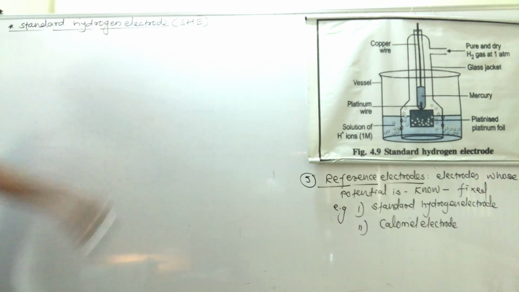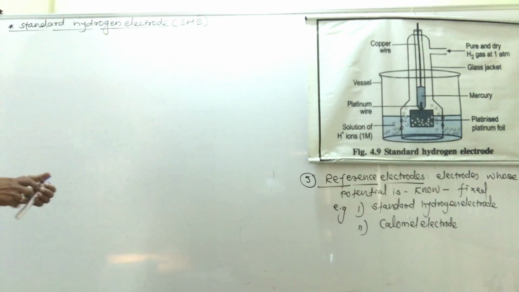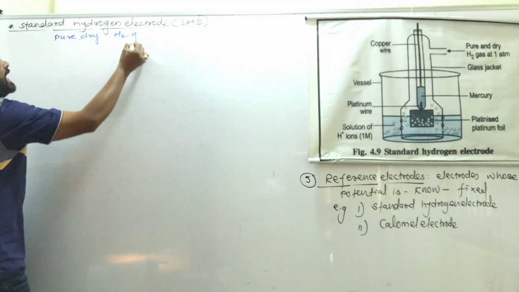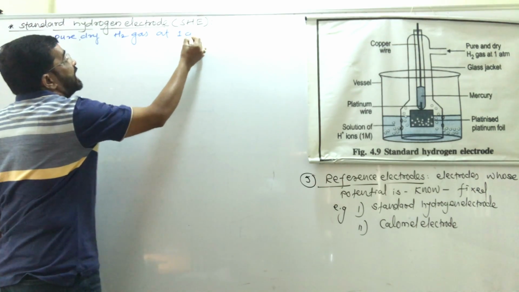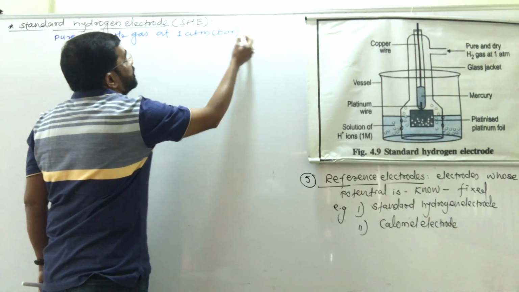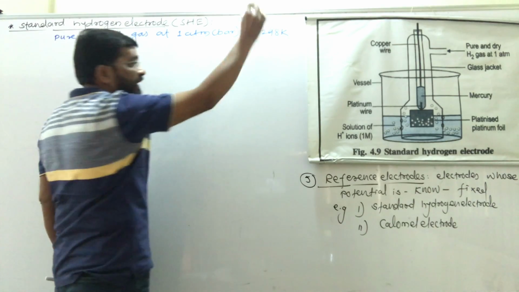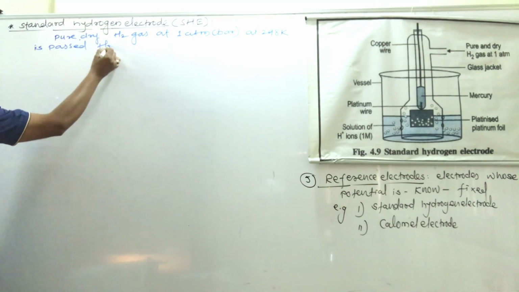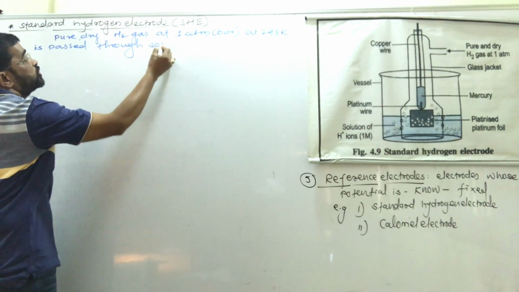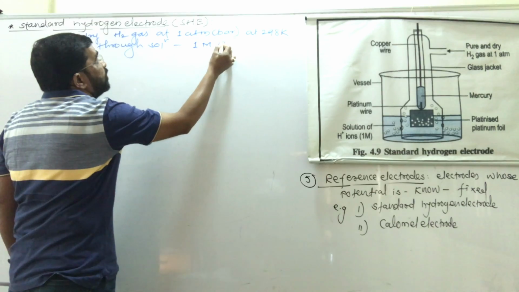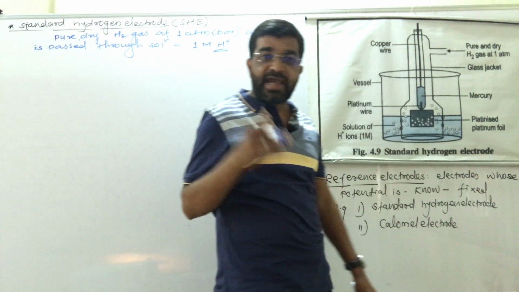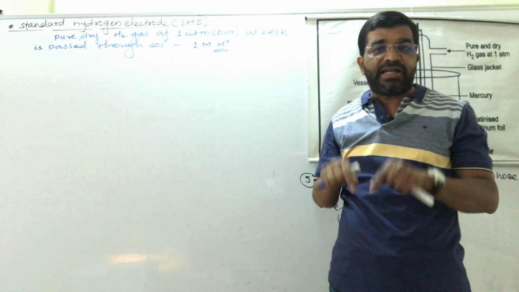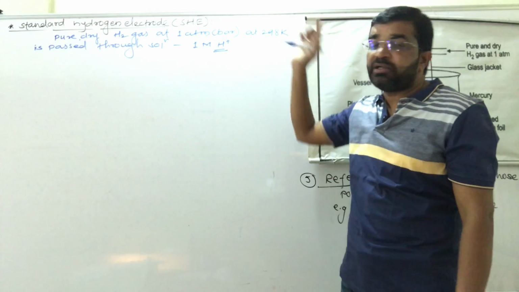In this standard hydrogen electrode, pure and dry hydrogen gas at 1 atmospheric pressure or 1 bar pressure and at 298 Kelvin temperature is passed through a solution containing 1 molar H+ ion, and this gas is passed in that solution around the platinized platinum plate, around the platinized platinum foil. That is the standard hydrogen electrode.